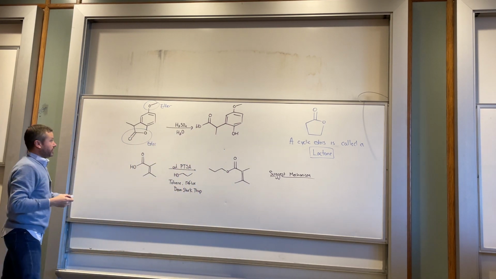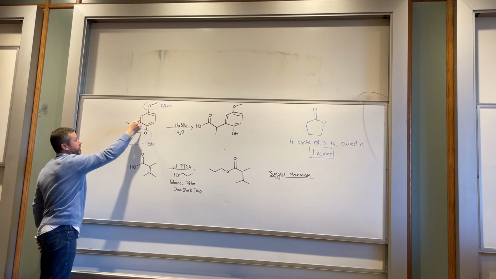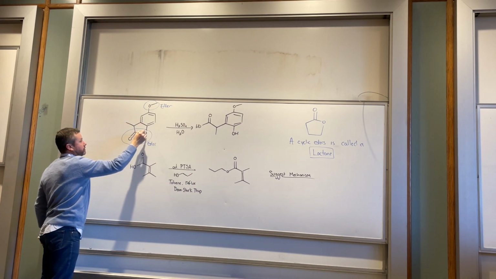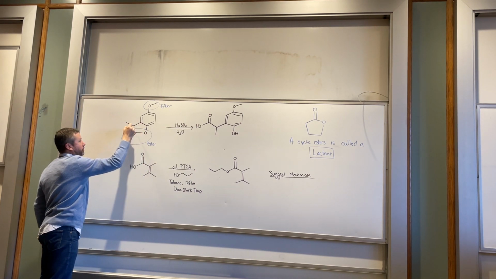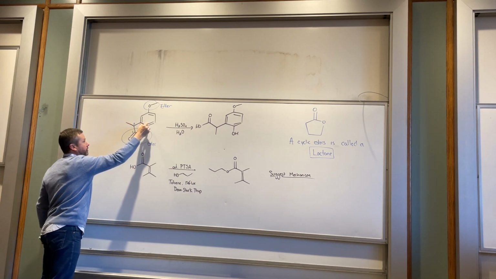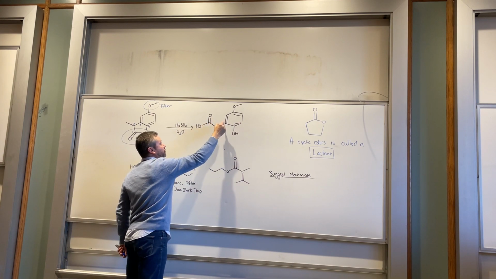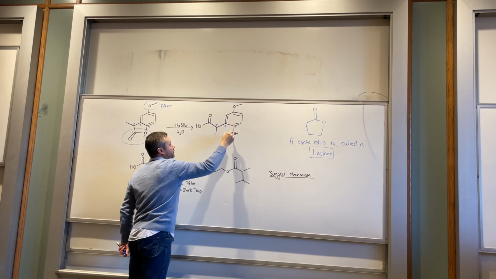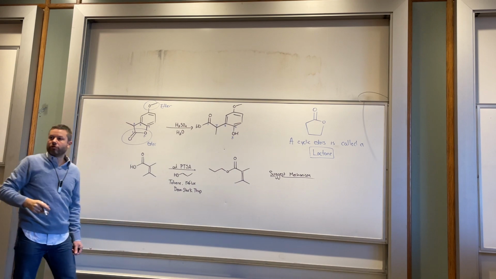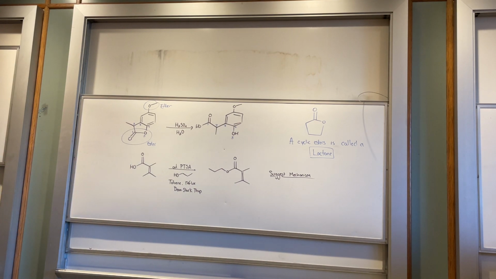It's going to look like this. If we number the atoms in the ring of the ester, we'll start with the carbonyl carbon: 1, 2, 3, 4, 5. Hopefully with that numbering, everybody can see how the ring was broken apart.